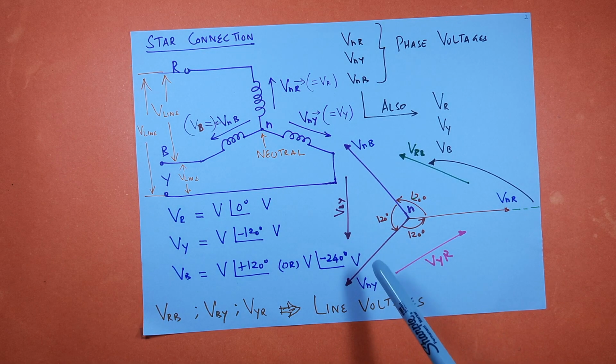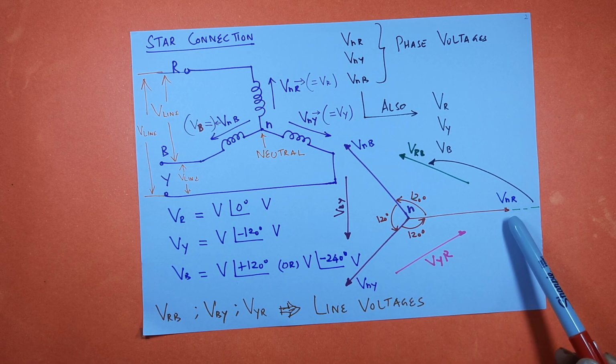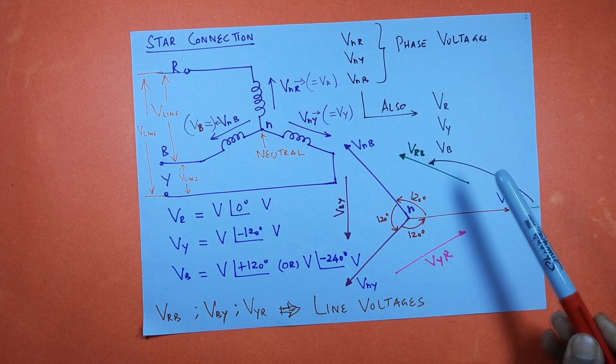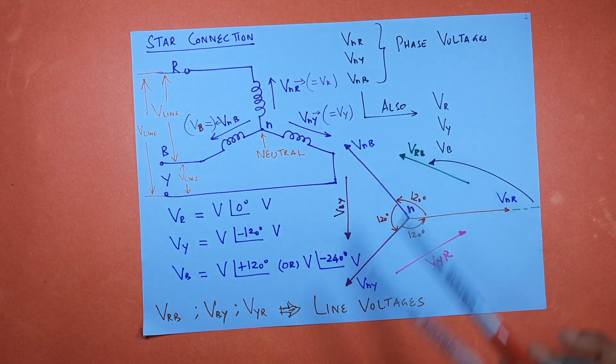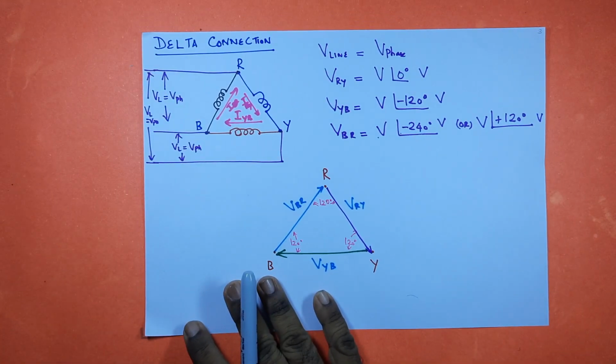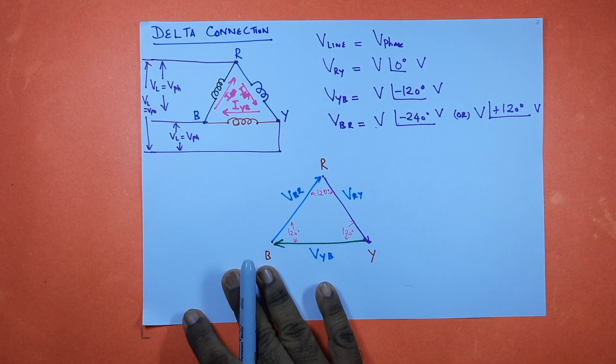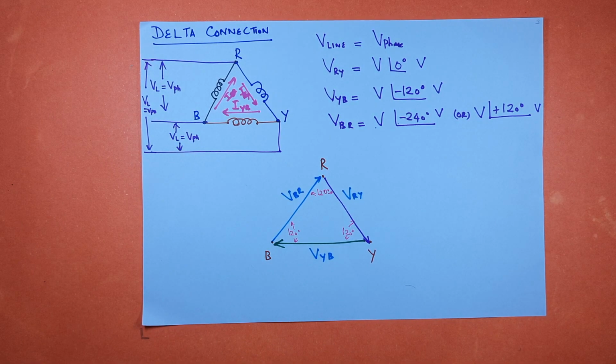Between B and Y, you have 120 degrees, right? So this end-to-end voltage, VYR, VRB, VBY, these are the line voltages. We already saw line voltages. Next type of connection we have is the so-called delta connection.